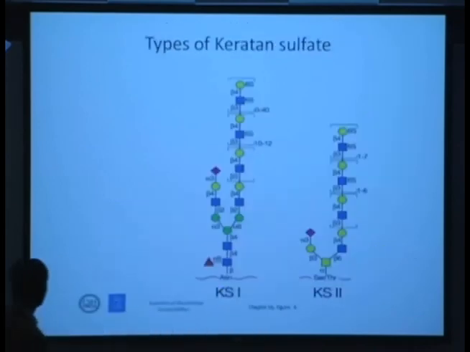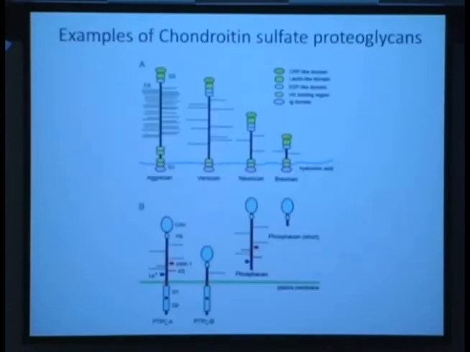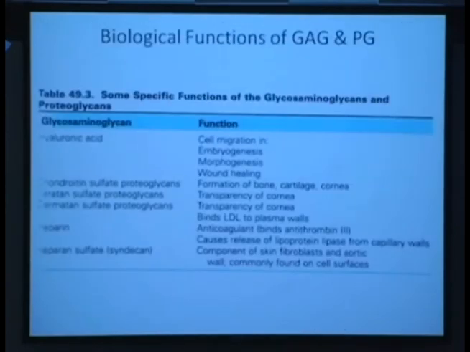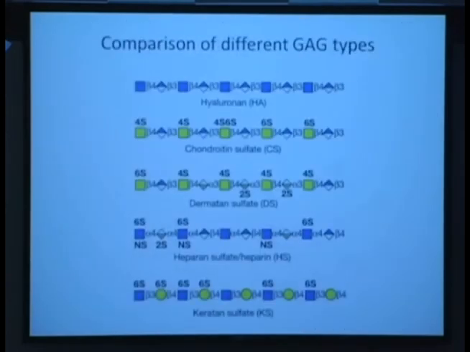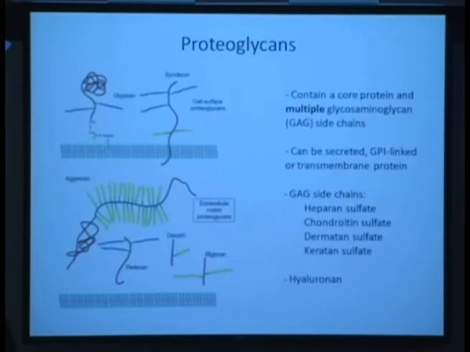If we go back to the very first slide, see, you have syndecan, for example, here. It has HS chains and the CS chains are shown here. So syndecan has both HS and CS chains, whereas glypican has only HS chains.